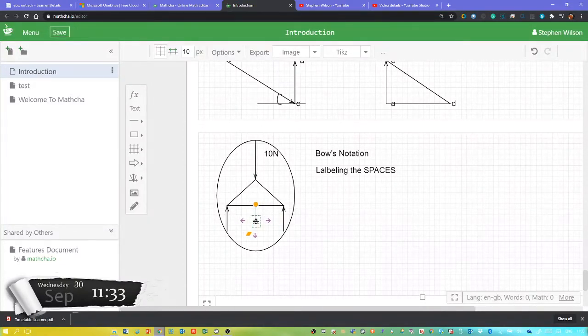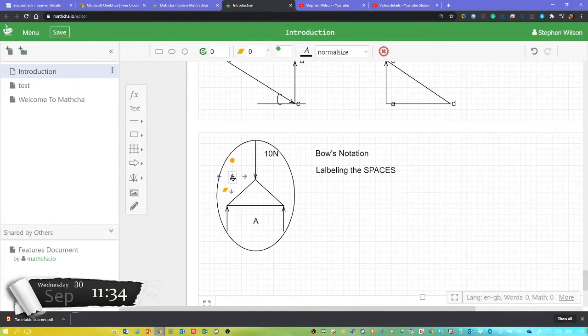So there's space A. I usually start with the first space between our two reaction forces, reaction force 1 and reaction force 2, or reaction force A and reaction force B if you prefer, or left and right. So the first space is space A, and that's between our two reaction forces.